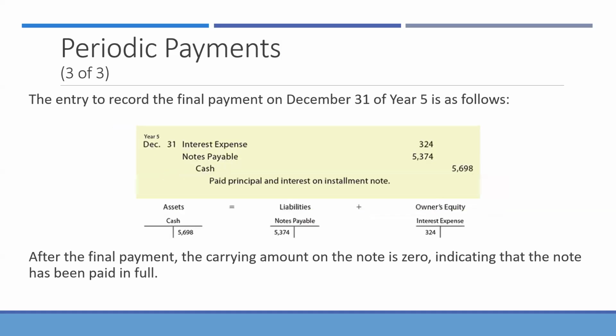The journal entry in the 5th year has less interest expense, more principal. And then at the end of the final year, the carrying amount, or the value in our T account for our general ledger of the notes payable, is going to be 0 because it's completely paid off. That would be the final entry for this notes payable.